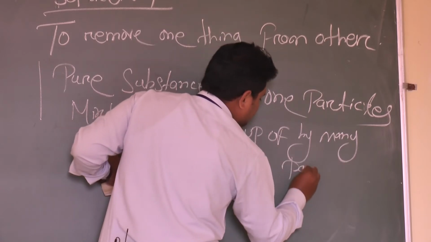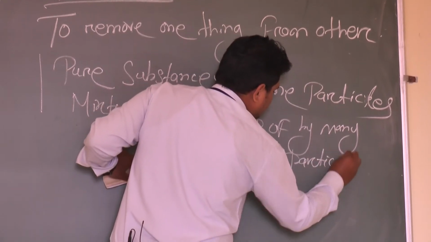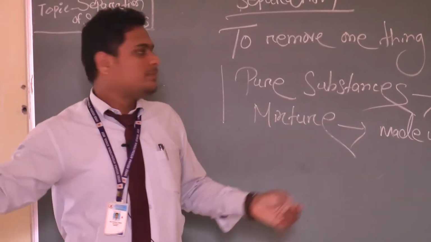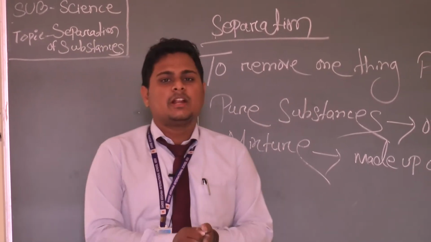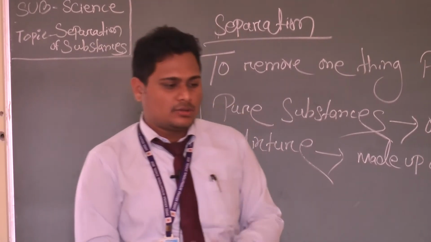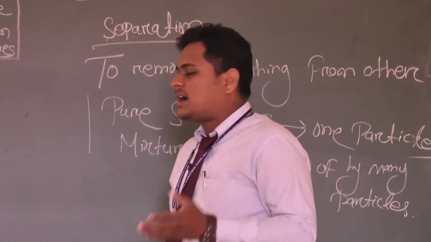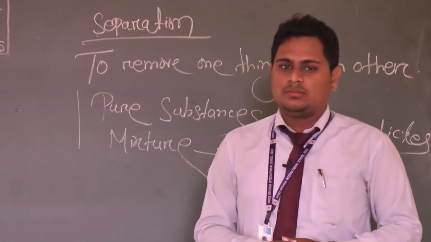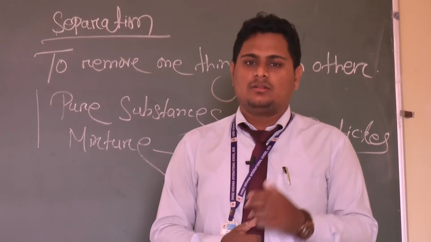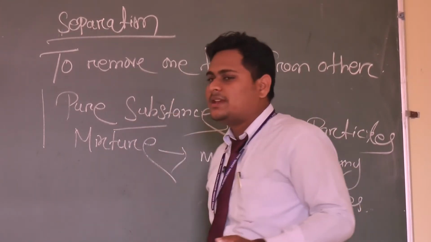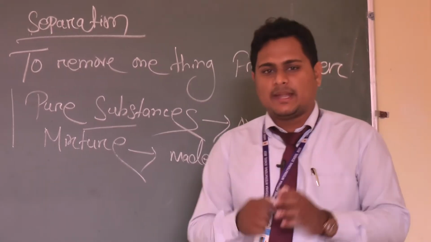Okay, so if we think that pure substance, it means made by one particles only or one components only. They are iron, gold, silver, diamond. Okay, so these are the pure substance because they are made by only one particles.